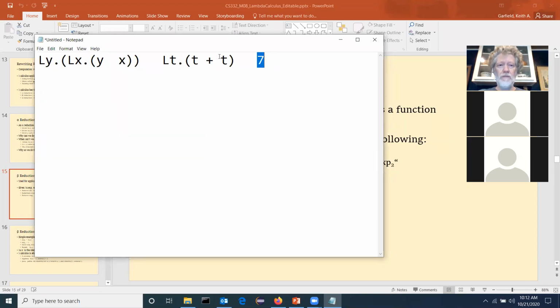So before, when this was just 5, remember when this was just 5? You guys said, take that 5 and get rid of the ly dot, and then we get lx dot 5, 5 and x. All right, that's what we did the last time.